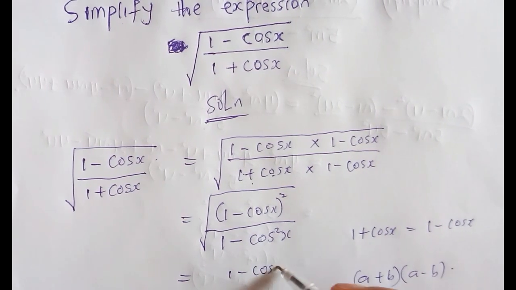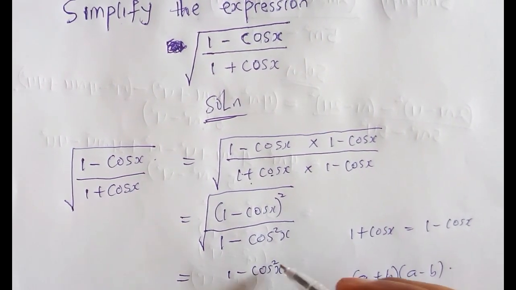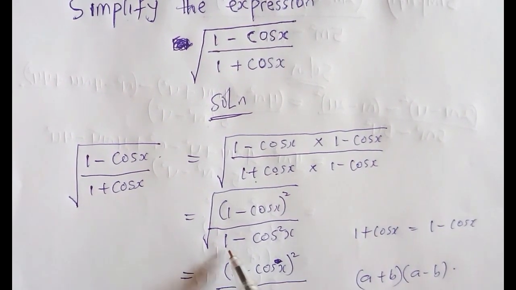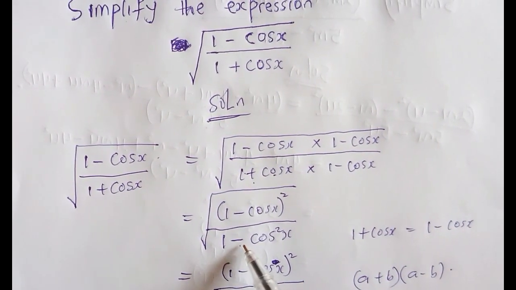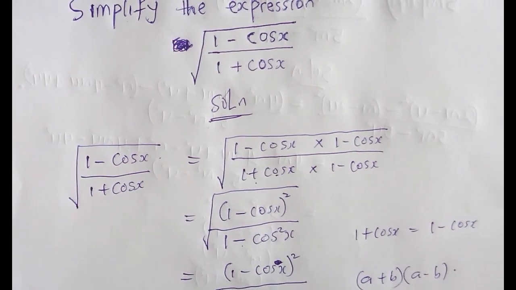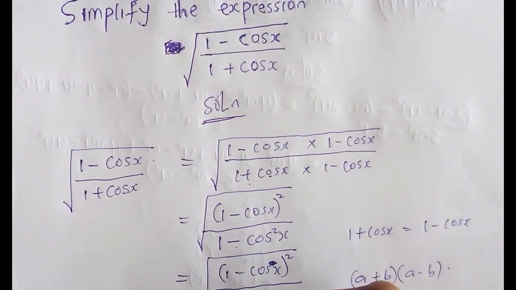the square root of (1 minus cos x) squared all over 1 minus cos squared x, which is sin squared x.